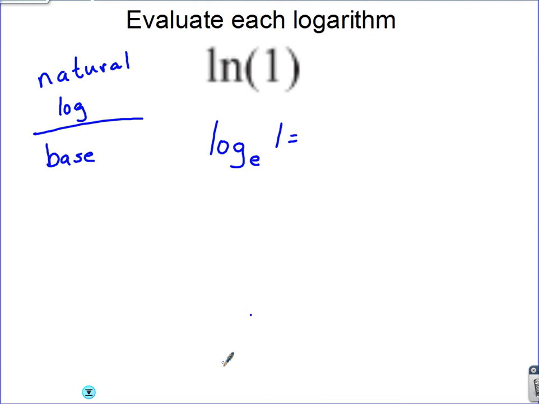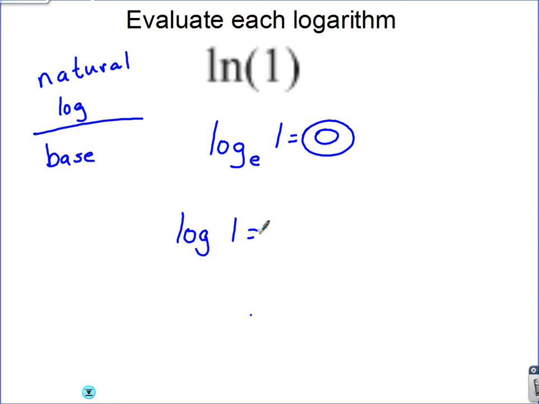So log base e of 1, or natural log of 1, is equal to, anybody want to take a try at that? E to what power is 1? 0. Anything to the 0 power is 1, right? So e to the 0 power is 1. The natural log of 1 is 0. What's the log of 1?